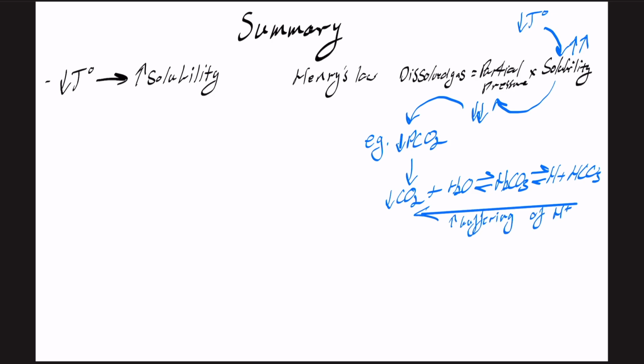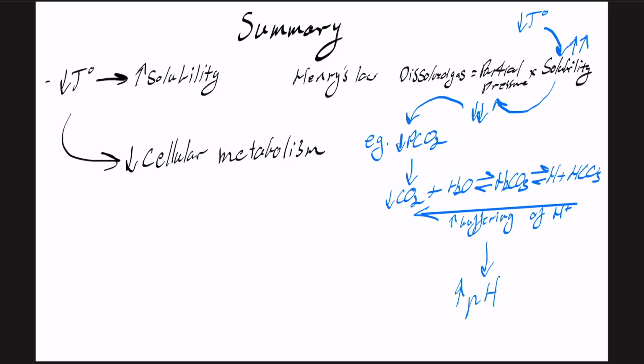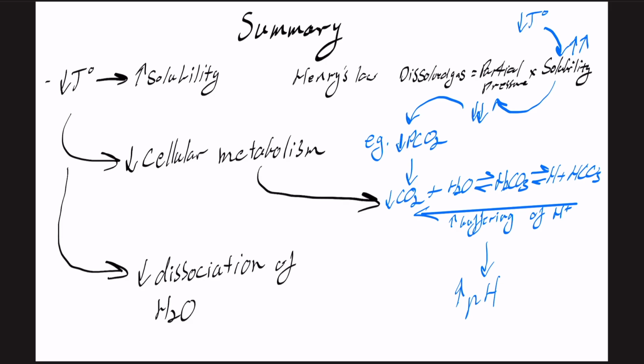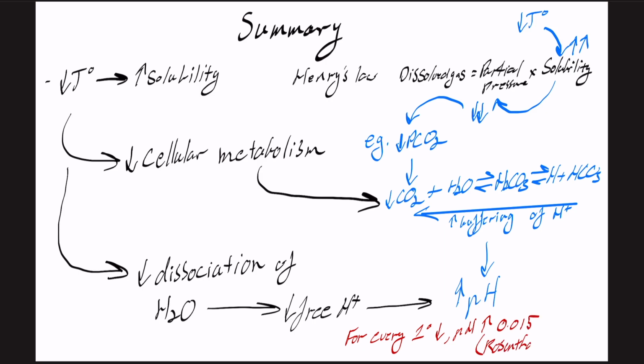So this will also increase your pH because there's less free hydrogen ions. You also get decreased cellular metabolism, so decreased CO2 being produced. And you also get decreased dissociation of H2O, so once again, less hydrogen ions available in the extracellular fluid, so pH will also go up. And it goes up by about 0.015 per 1 degree drop. And this is also known as Rosenthal's equation.